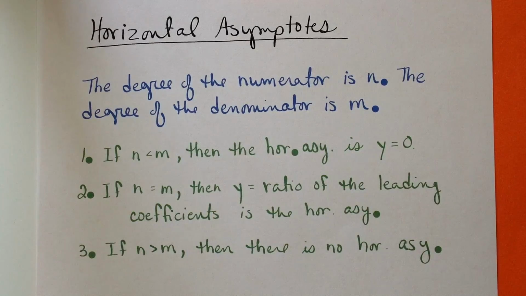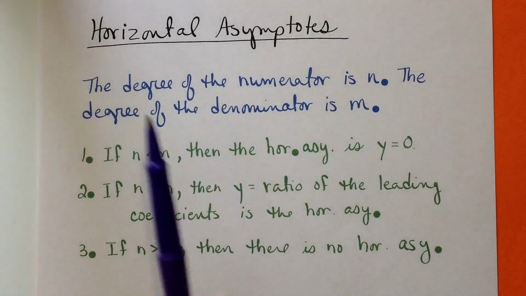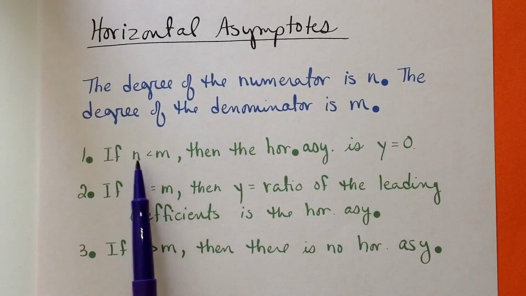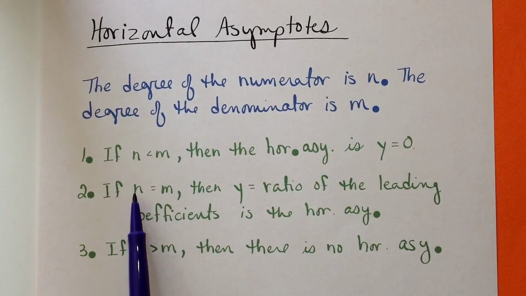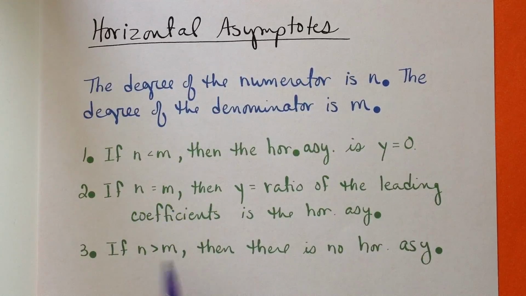Okay, the next characteristic that we're going to look at this time is a horizontal asymptote. So the rules that we have here, first of all, you'll notice in these three rules they use the letter N and M in each one of these.